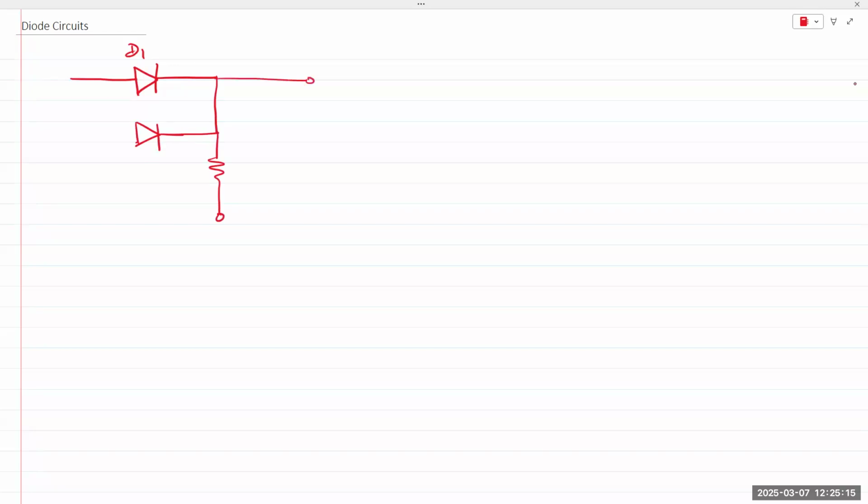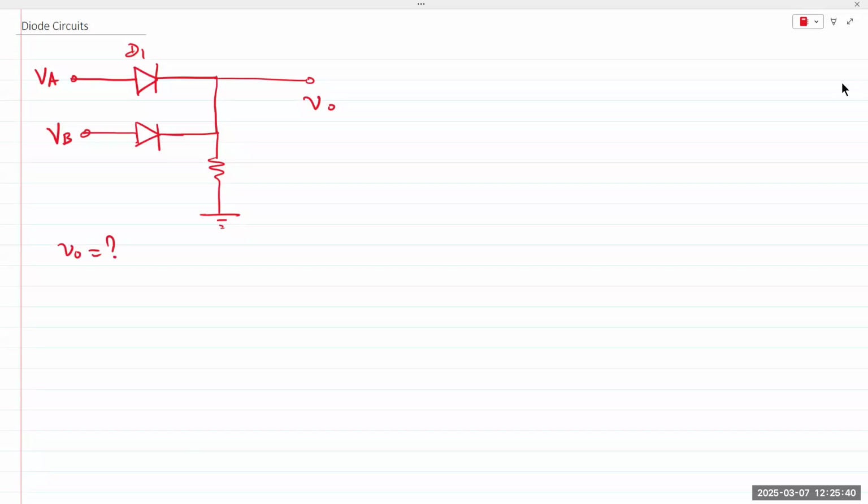You're taking output V out right here, and then you're applying inputs VA and VB. And you're asked to determine the output voltage VO.